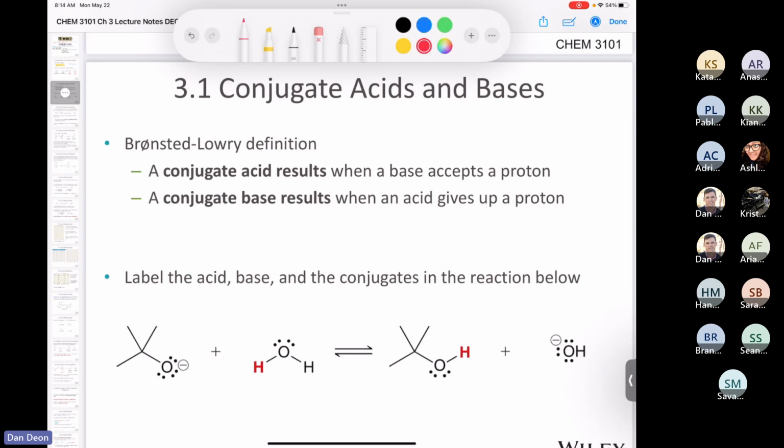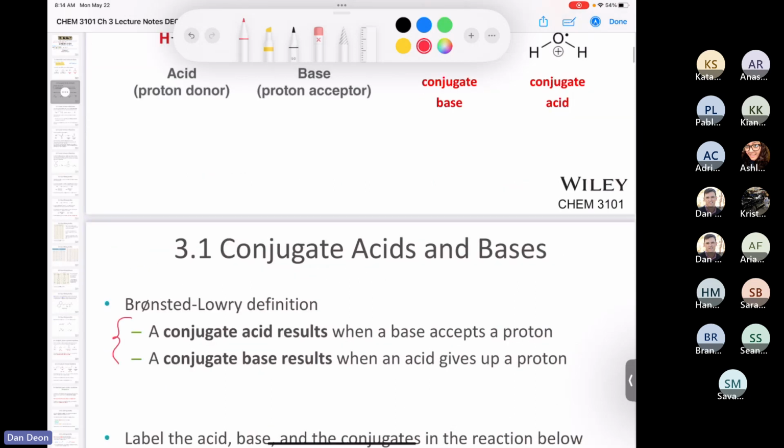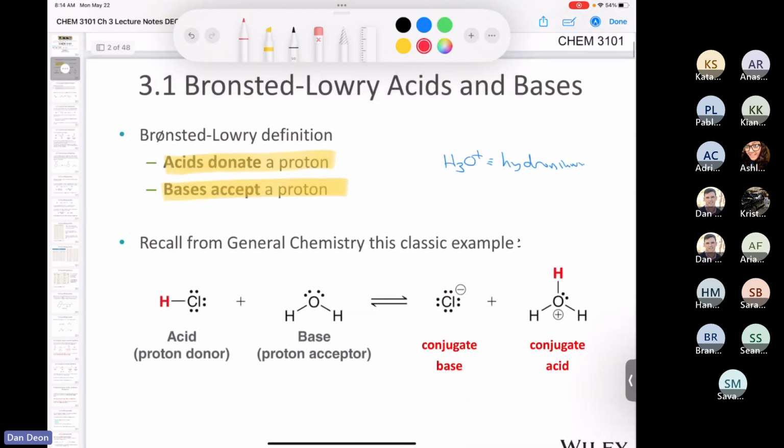If you're confused by these definitions, what we could do is take a step back and think about the reaction in reverse. Who's donating a proton? Well, it's clear that the hydronium is donating this proton and it's not here anymore. So that means the hydronium must be the conjugate acid, right? Because it was donating a proton in the reverse direction.